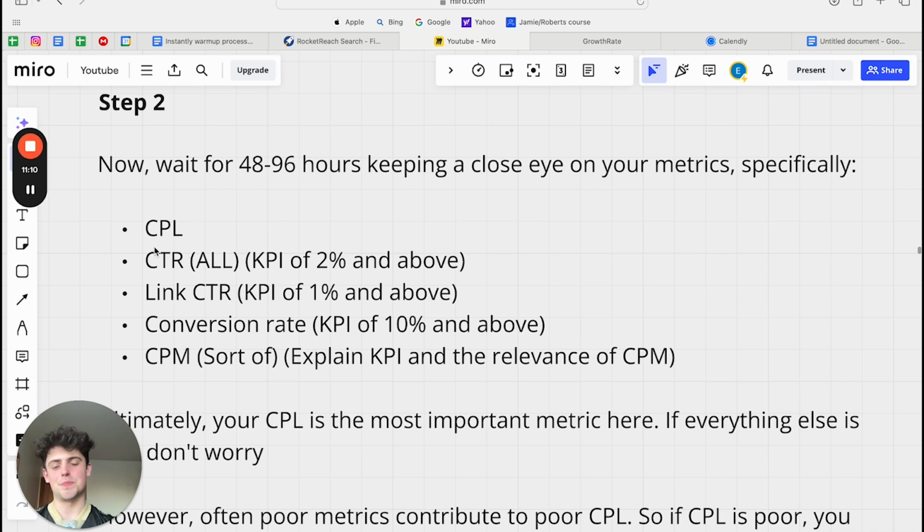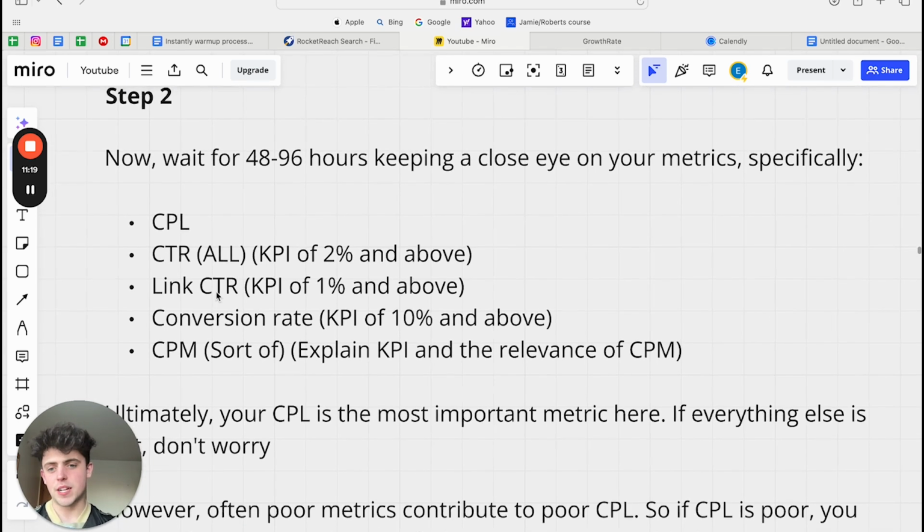So cost per lead, it depends on your offer. You can make the judgment yourself. But click-through rate, ideally you're going to want this over 2%. Link click-through rate, 1%. Conversion rate, 10%. And CPM, sort of. So here's the thing about CPM, and that is that ultimately if nobody sees your ads, so CPM is cost per mille, 1,000 impressions.